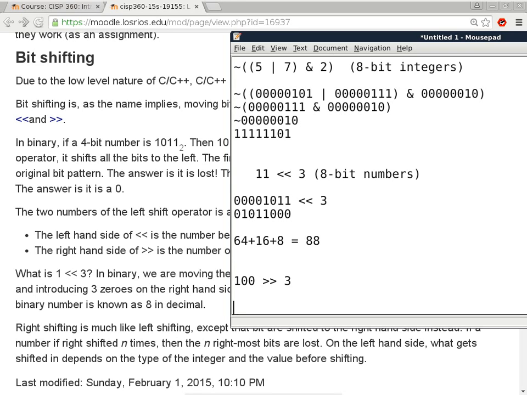Kind of works out that way. If I give you a base 10 number and I say, move all the digits to the right hand side by 1 position, it's basically the same thing as dividing the number by 10. So when you do the same thing with a binary number, it is the same thing as dividing the number by 2. But in this case, something is not going to work right, because 100 is not divisible by 8.